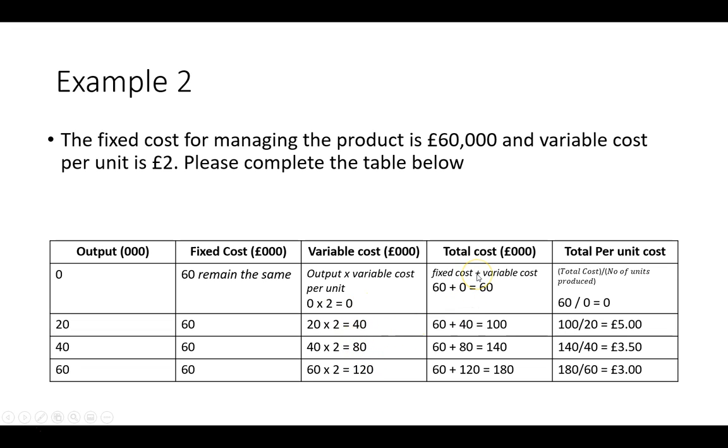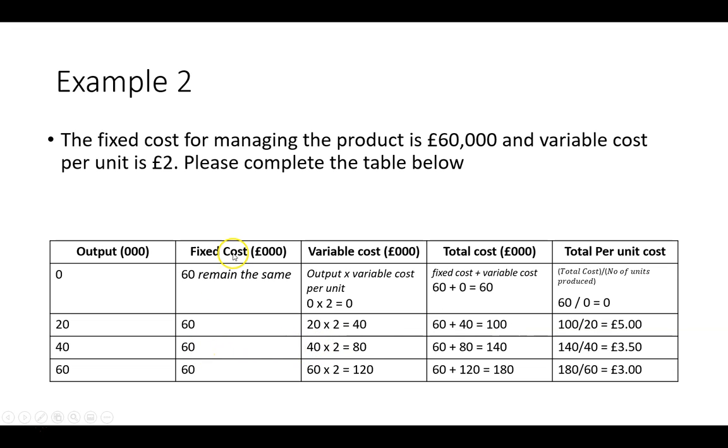Now to find the total cost, we know the total cost is your fixed cost plus variable cost. So you take each of the different outputs and you add the fixed cost to the variable cost. We know the fixed cost is the same, 60,000. Here the variable cost is 0, so your 60,000 plus 0 will give you 60,000. 40,000 variable plus the fixed cost, which is 60, will give us 100,000.